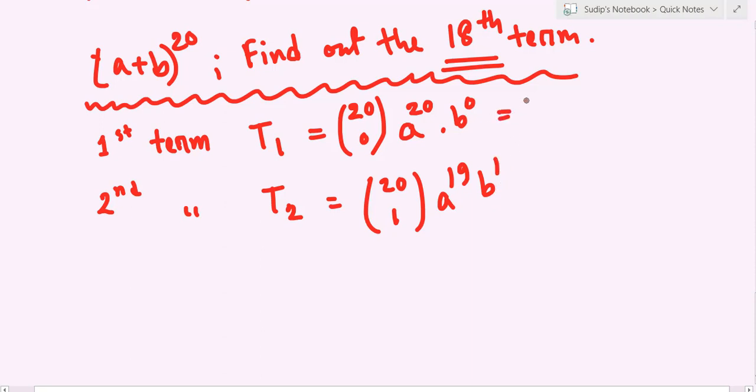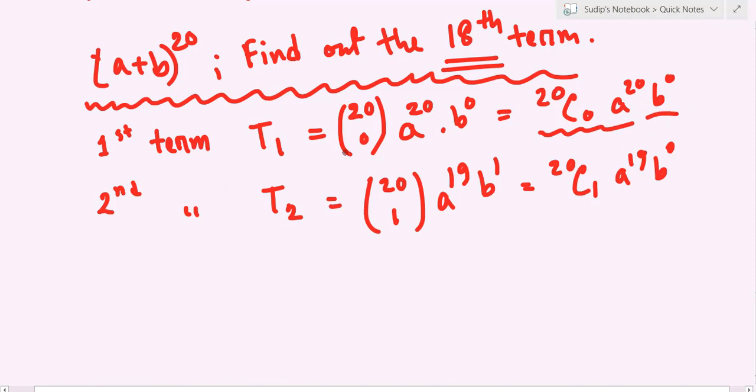So you can write it like this: 20C0, a to the power 20, b to the power 0. Or you can write it like this: 20C1, a to the power 19, b to the power 1. You can write either notation, because 20 choose 0 is the same notation as 20C0.